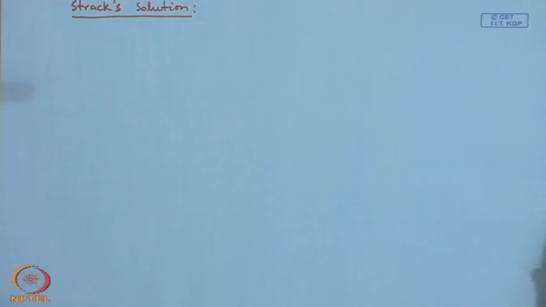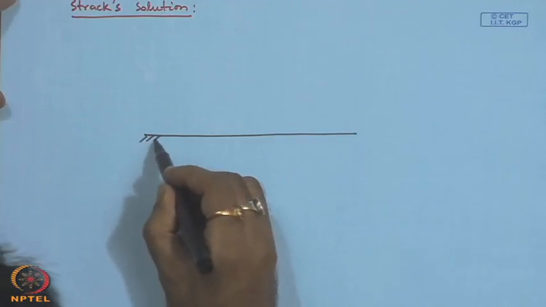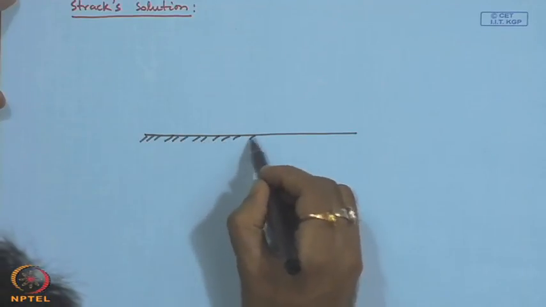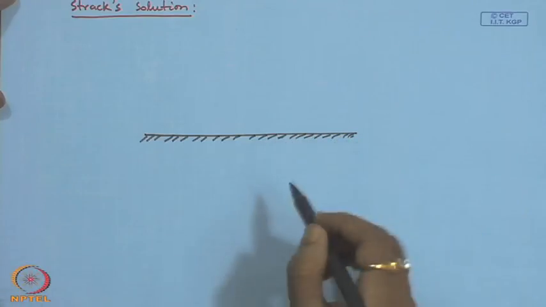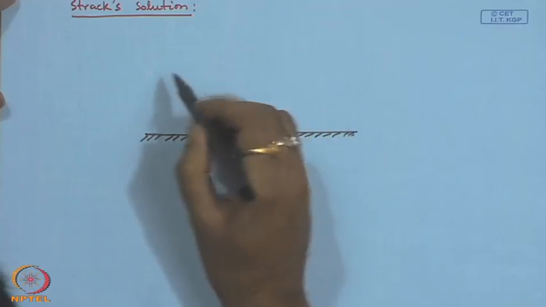In Strack's solution, we consider two different zones for modeling our saltwater intrusion problem. In our three consecutive derivations, for confined, unconfined aquifers and oceanic islands, we have talked about single zone modeling, but in Strack's solution, we consider a two zone model for problem solving in saltwater intrusion modeling.